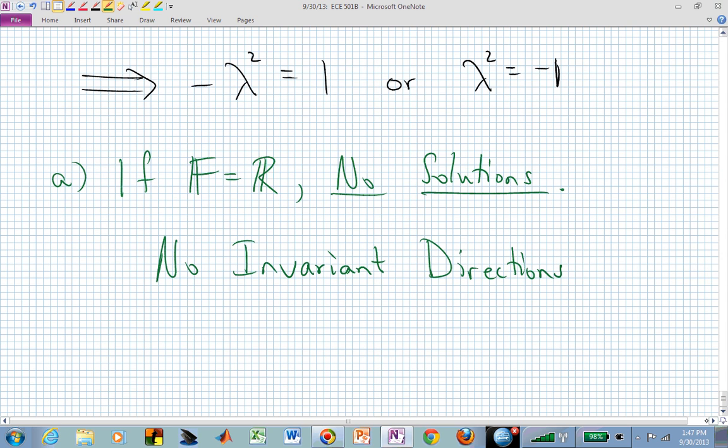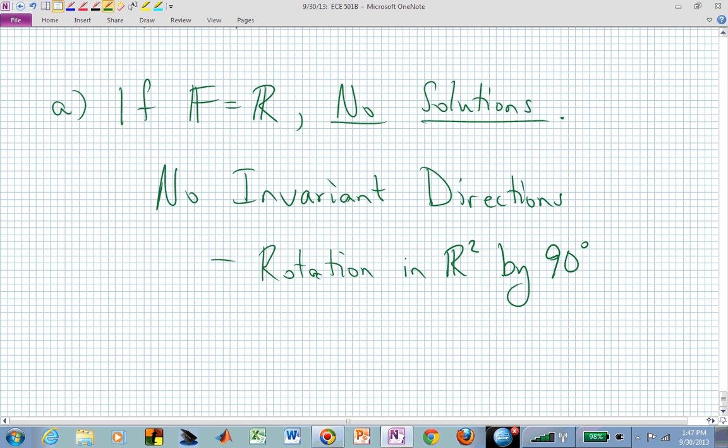We have no invariant directions, and that's because really we're doing a rotation in the two-dimensional space. And anytime we're rotating, we're not staying in the same direction. This rotation then doesn't preserve any directions.